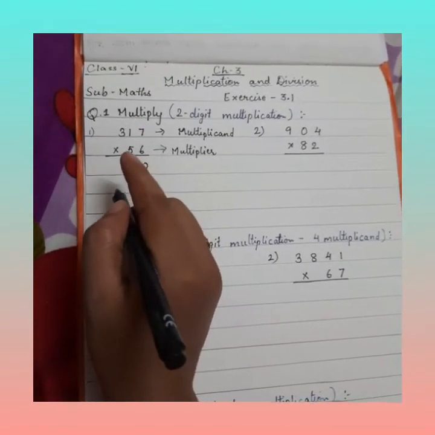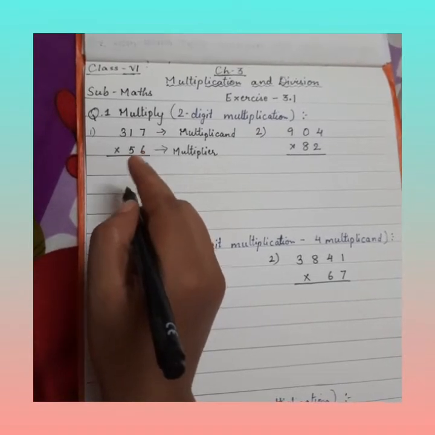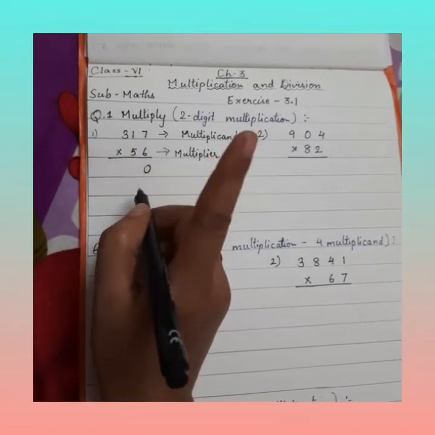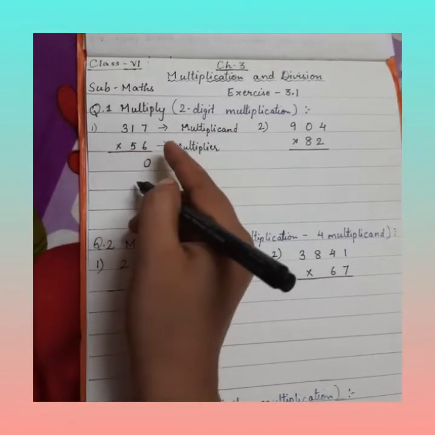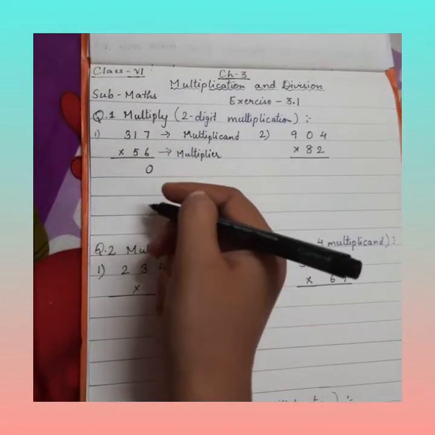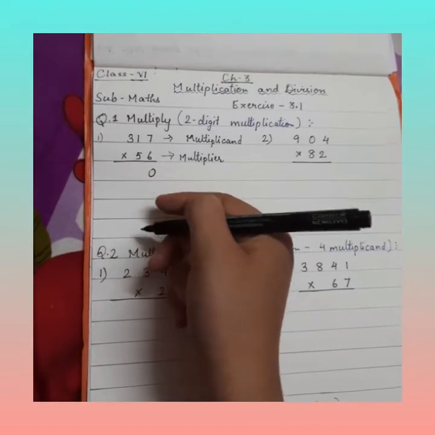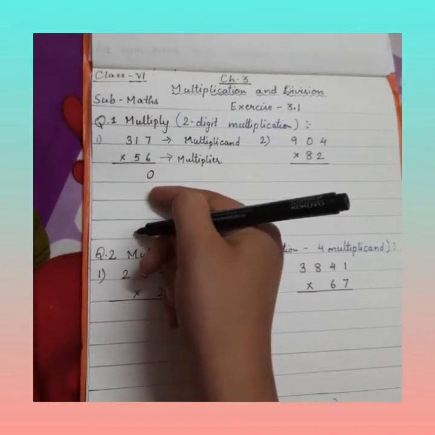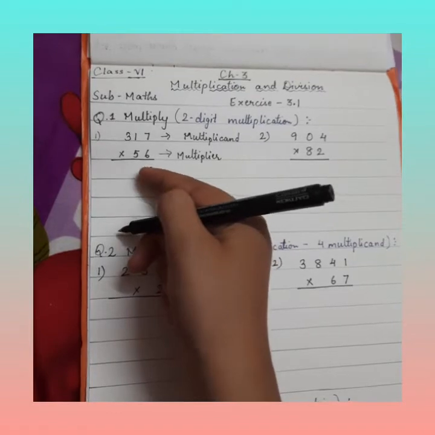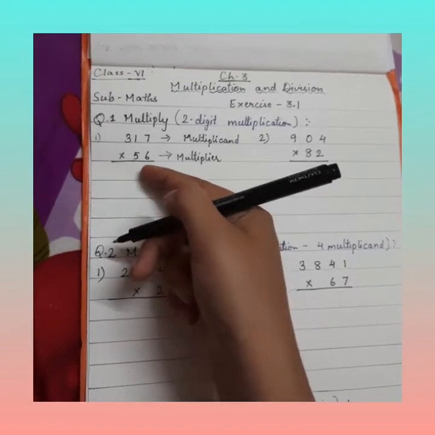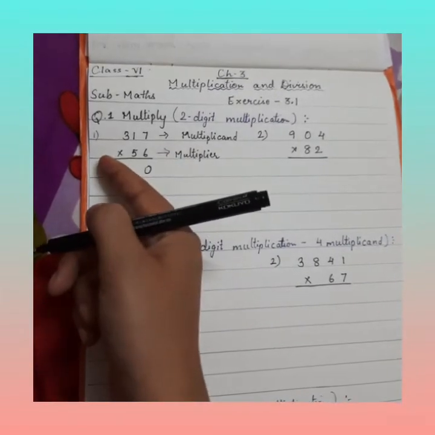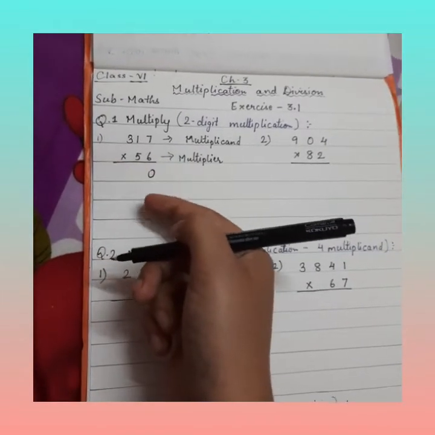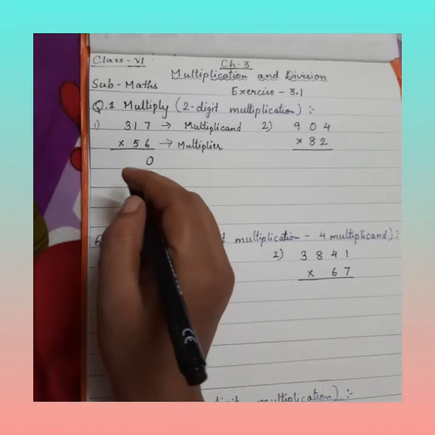That means if it is 2-digit, we write 1 0, that is 1 less. And if it is 3-digit, we write 2 digits here, and in the next column 1 digit. In decreasing order it will go 2, then 1, then 0. And if a 4-digit multiplier is there, then 3, 2, 1, 0, like that we have to do.